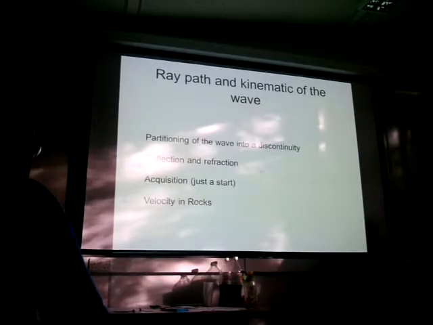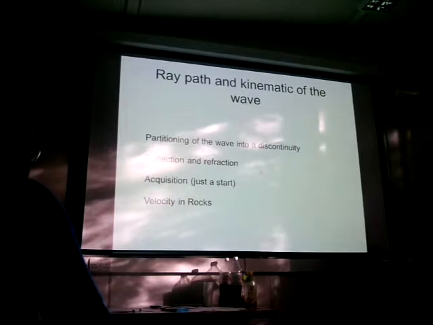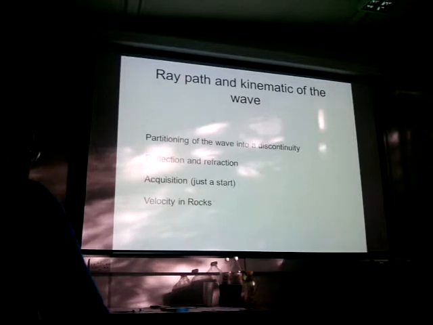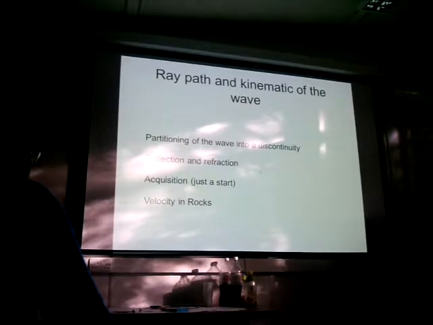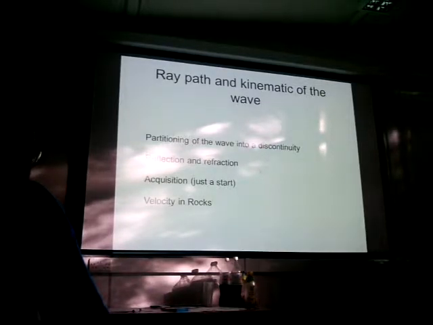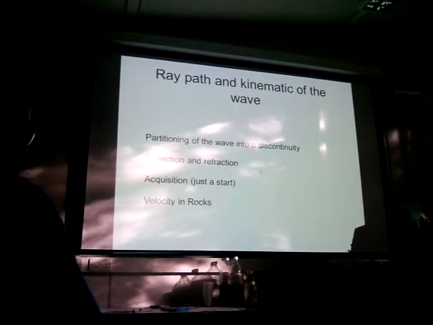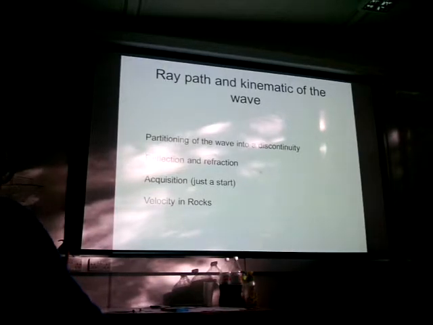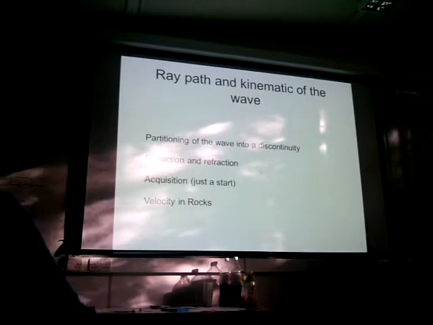Okay? And you will see that this beast, in fact, doesn't behave strictly like the P and S waves from a kinematical point of view, but step by step. Partitioning of the wave into a discontinuity, we will see in 2 steps. The first step, I will introduce the general law without the math. We will use a simplification of it when the wave is perpendicularly, or orthogonally, reflecting to an interface, which simplifies a lot of equations.